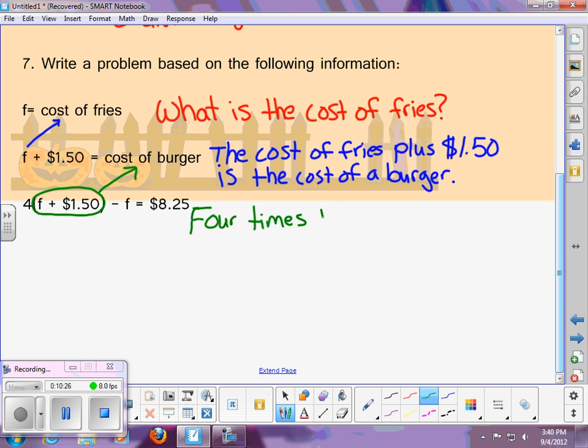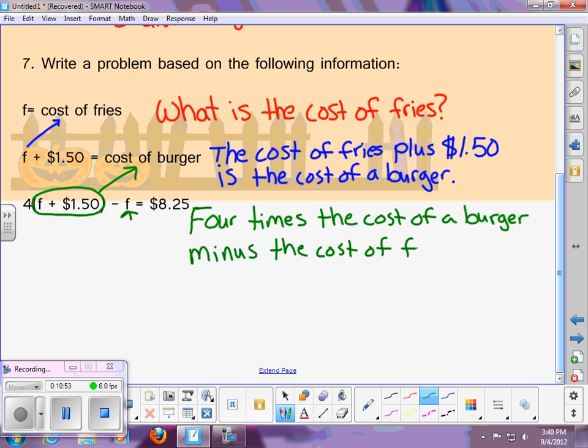So 4 times the cost of a burger minus, and again here I'm not going to say f, minus f, because f stands for the cost of fries, minus the cost of fries is $8.25. So now I have a verbal statement for each of these algebraic expressions.